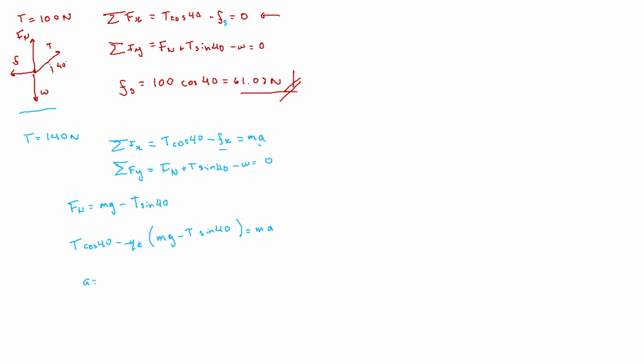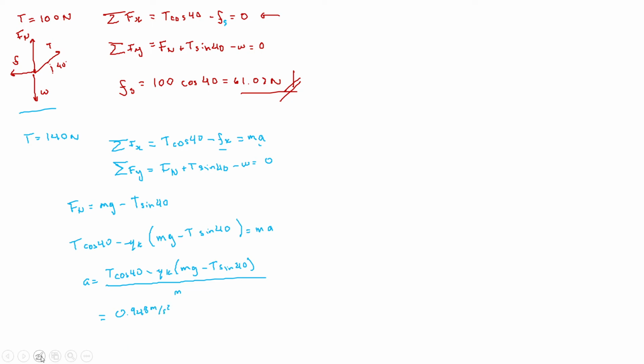I'm gonna be left with a equal to, well, it's gonna be huge, T cosine of 40 minus mu k times mass times gravity minus T sine of 40, all of this goes over the mass, which I know already. So the acceleration is gonna be 0.943 meters per second squared.